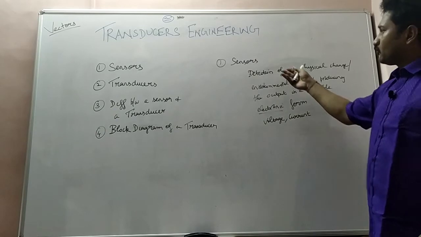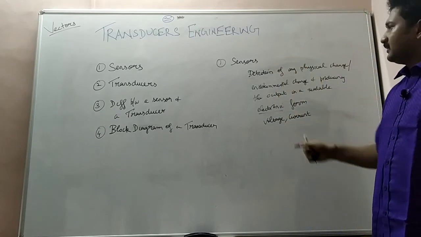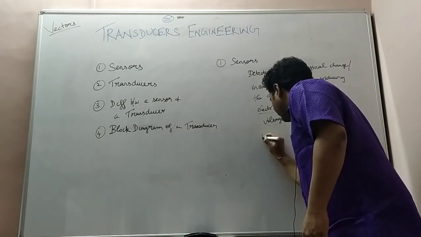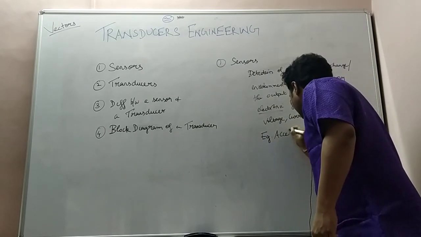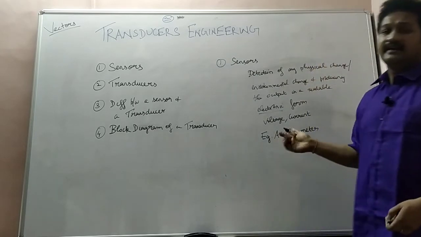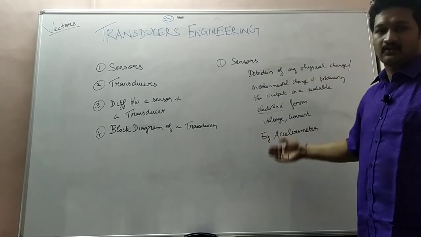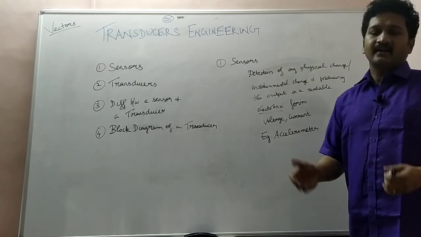Anywhere you look, you can find this definition of a sensor. So what is an example of a sensor? For example, an accelerometer. What is an accelerometer? In simple terms, the measurement of acceleration is called an accelerometer. It is used to detect vibrations in any body or any machinery.